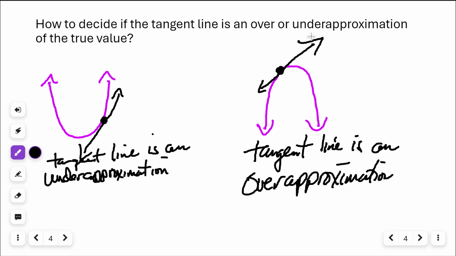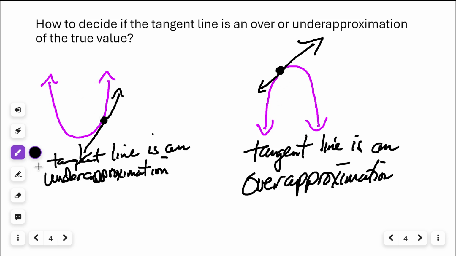The values you get on the line are larger than the values on the parabola. So the question is, what is the difference between this shape and this shape?